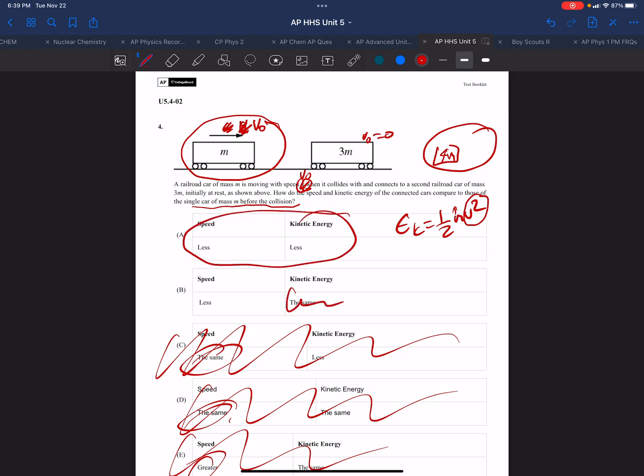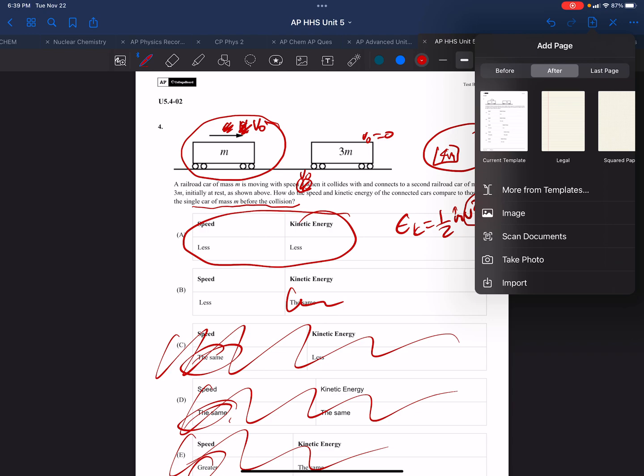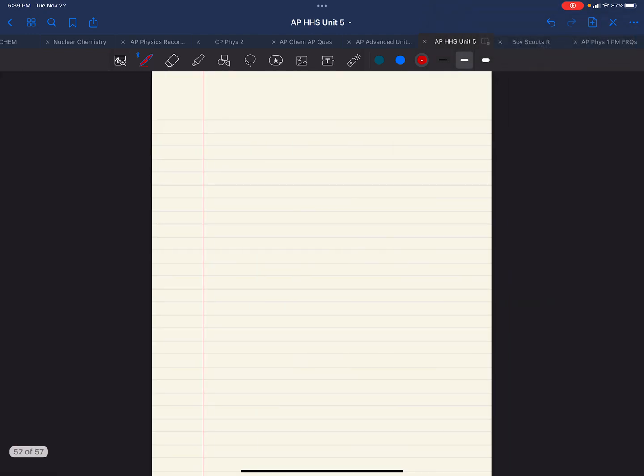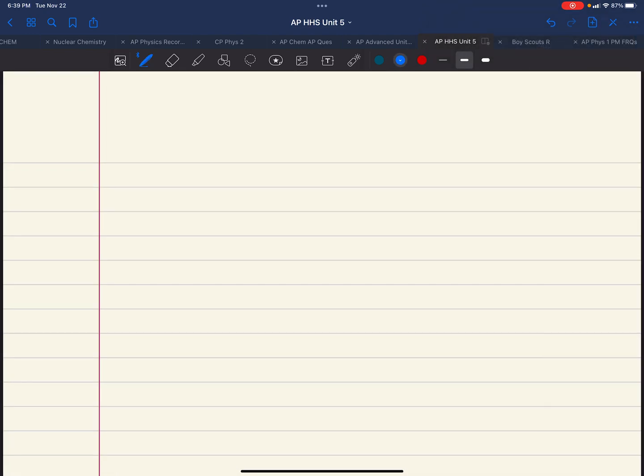Now we can go through a proof of sorts about this. We could do our conservation of momentum to start. So we have mv0, and then afterward we have 4m and the new velocity, which is unknown, we'll just call v.